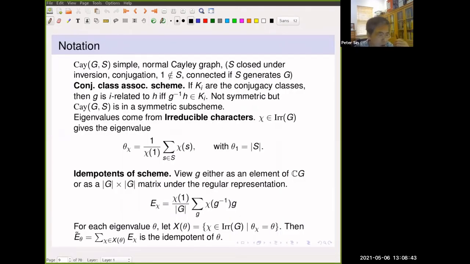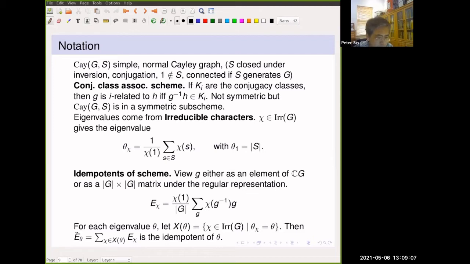And then we also have idempotents in the scheme. In Raghu's talk, he wrote down the formula for the central idempotents, the primitive central idempotents in the group algebra, and this is the same formula. So we can view this idempotent as either an element of the group algebra, sort of abstractly, or we can think of it as a G by G matrix.